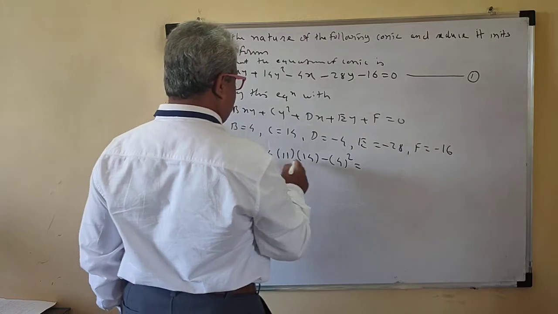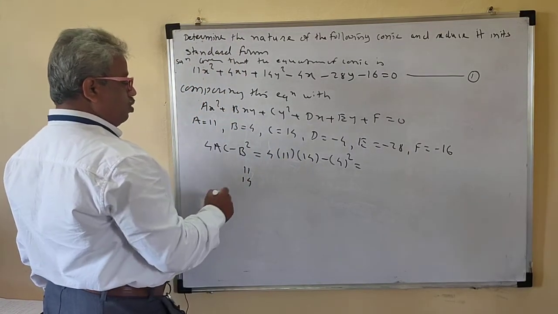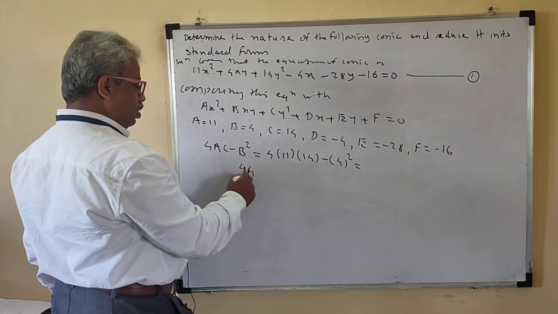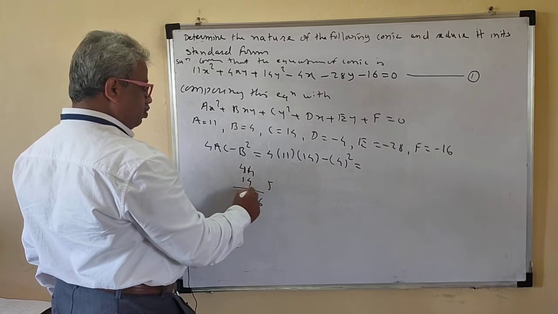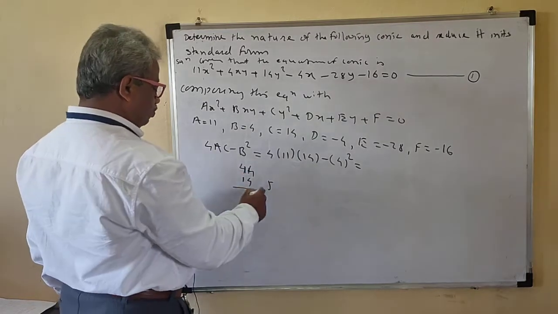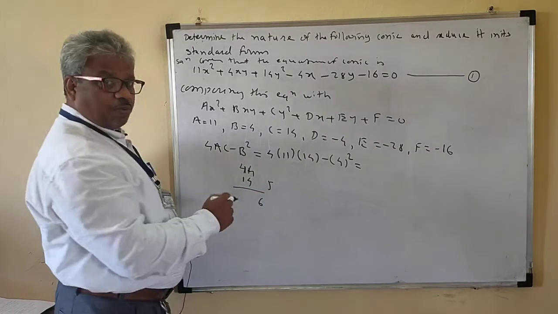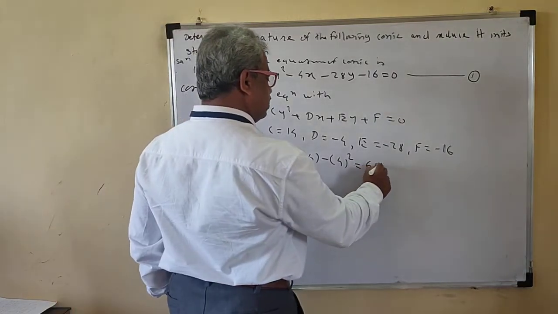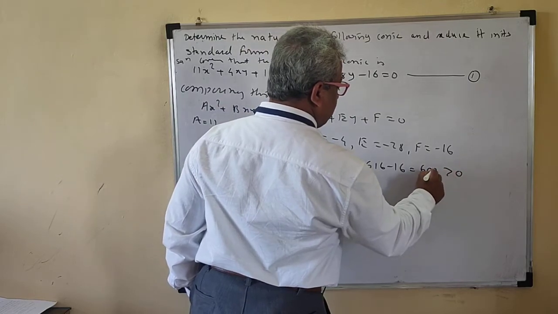So 11 into 4 is 44, 44 into 14. So 4 into 14 is 56, and 4 into 4 is 16, so 616 minus 16 is 600, and this is greater than 0.